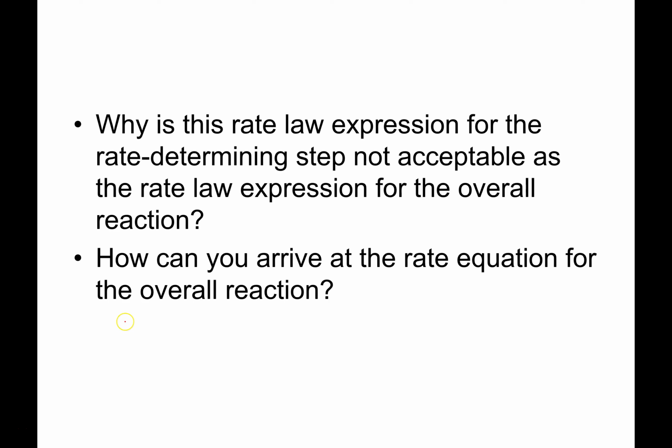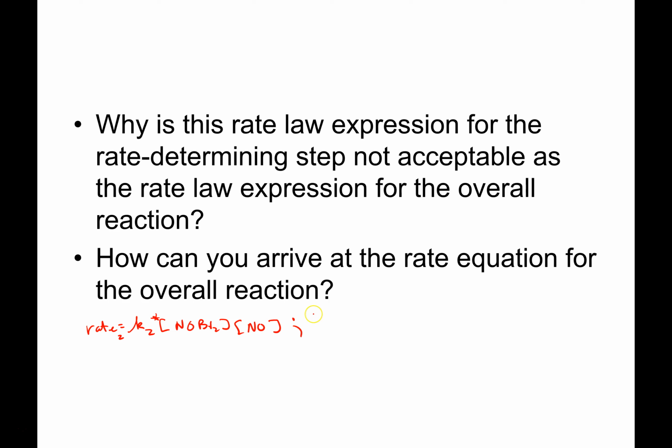So our goal is rate 2. Allison took the slow step, and we used molecularity: K2 times NOBR2 times NO. But we have to get rid of that intermediate. Your instructions always are to turn to the fast step that goes before it.